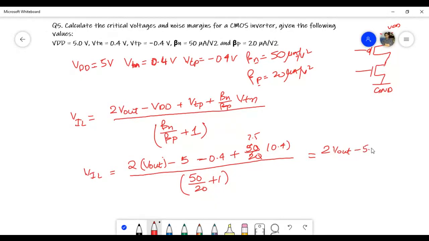Minus 5.4 plus 2.5 into 0.4 by 2.5 plus 1. Just tell me V out minus how much is this? 2.5 into 0.4 minus 5.4.